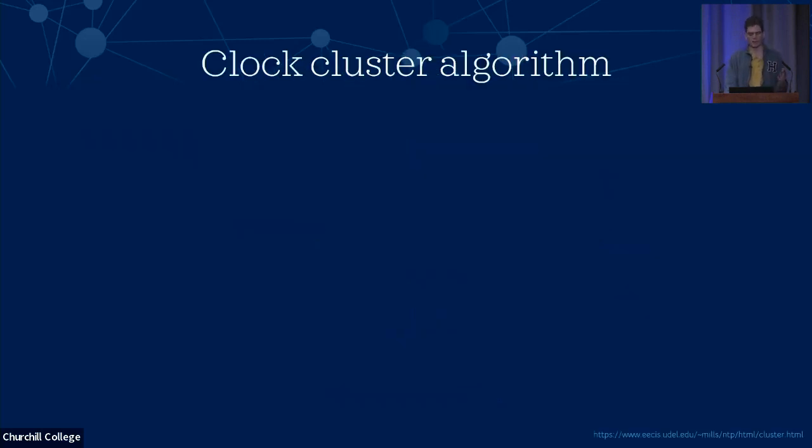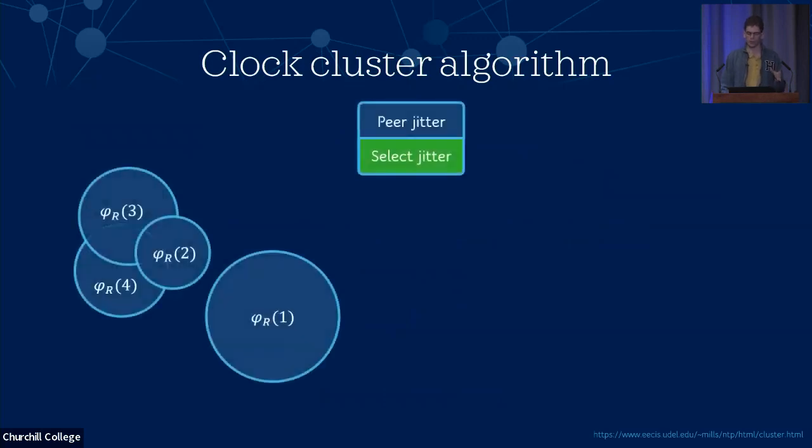So let's have a look at a diagram to see how we use this. The blue circles here represent our different sources, and the size of each circle represents the peer jitter, which is the variability within that same source. The bigger the circle, the bigger the variability of that source.